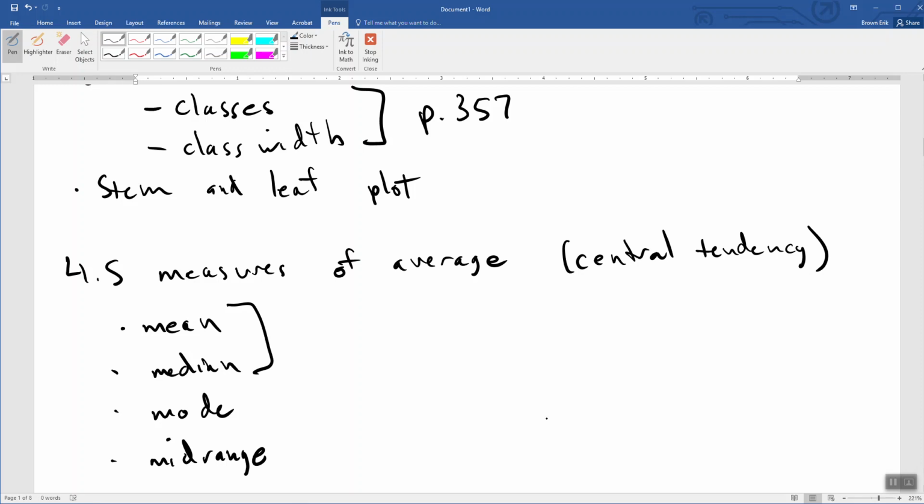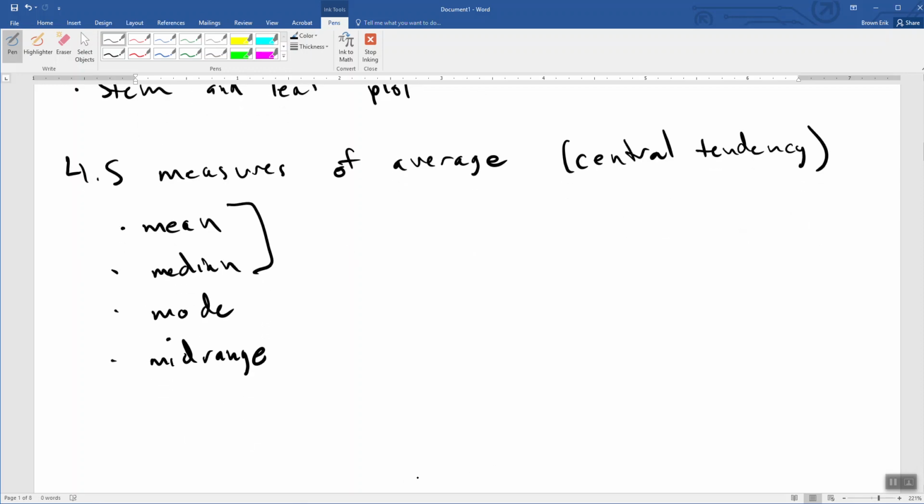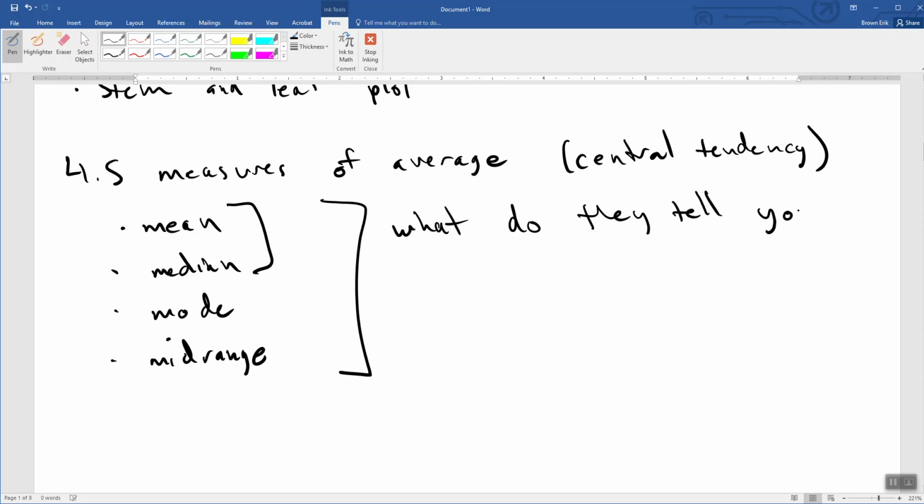The mode is the most frequent, and the mid-range is the maximum plus the minimum divided by 2. So make sure you know how to find those. And then from this, say, what do these tell you about the data? And then which is the best one to use? Depends on the data set.